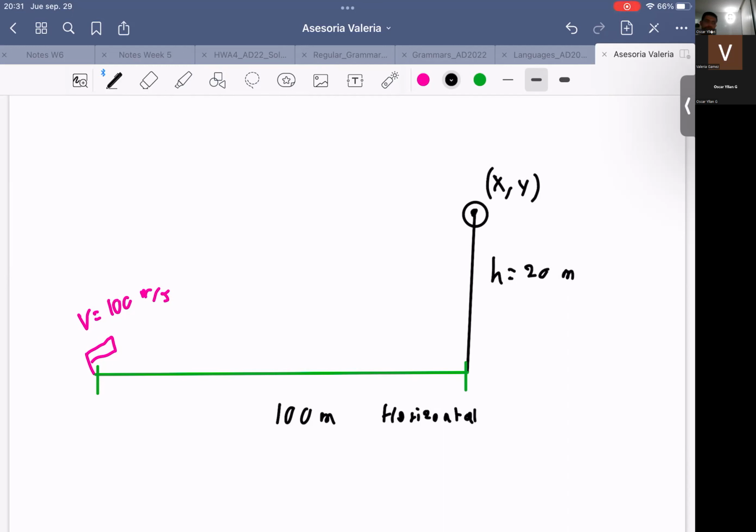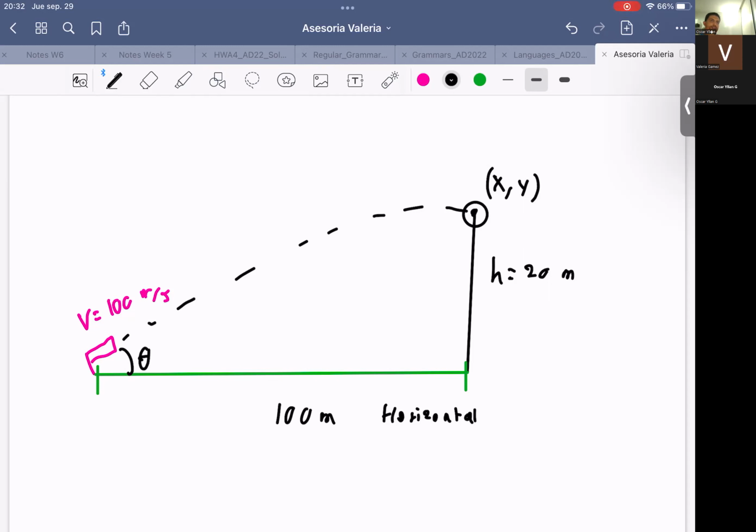We are going to see tomorrow that there is a formula that you can see even on Wikipedia. It's kind of a hard formula, but you don't have to learn it. You just have to know how to input the values, right? There is a formula that will tell you which angle you have to shoot that gun at in order to hit exactly that point.